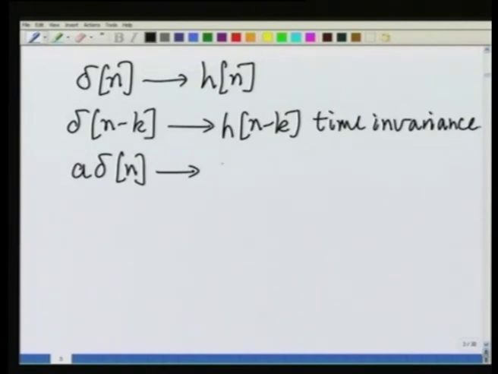It has to be a times h n. It cannot be anything else. So, a delta n will produce an output a h n, and delta n minus k will produce h n minus k. This second part is by homogeneity.